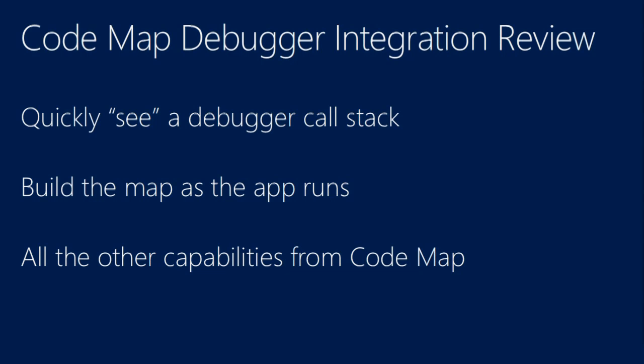Well, it turns out that since all we're doing is parsing a call stack, we can do that for any language that you might be developing inside Visual Studio. So code map with debugger works for C++, for JavaScript, and for whatever managed languages you want to. You might happen to work in some of those as well.